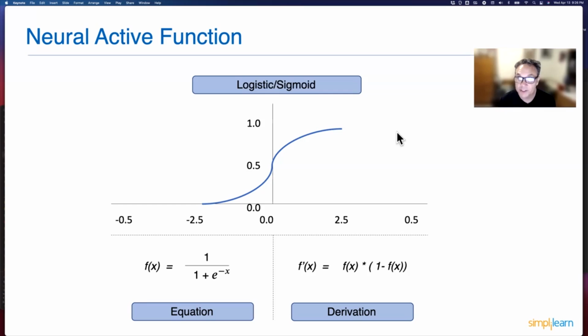It converges onto 1. And right where x equals 0, we have a 0.5, right at half. When we take the derivative, we get this. We have no question mark, no vertical line here, so we can take the derivative of this curve. That's why this one's preferable to the step, because we can take the derivative.